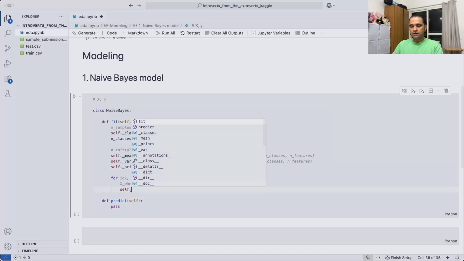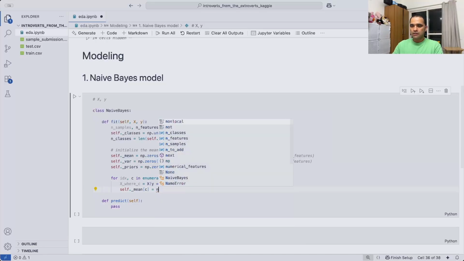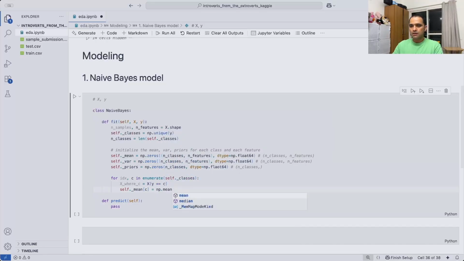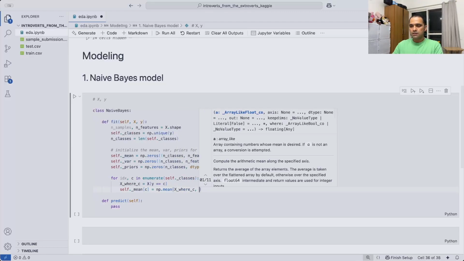Once we have that, we can assign self dot underscore mean, c, the cth class. So you see the first index is the class. So for each class we'll be assigning values. It equals np dot mean of x where c.